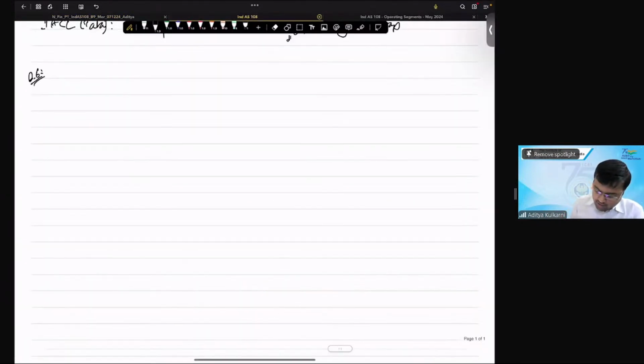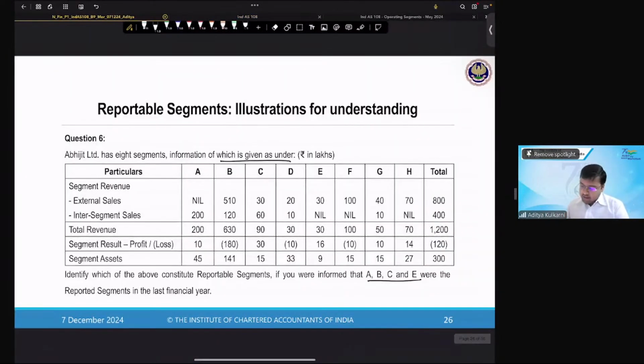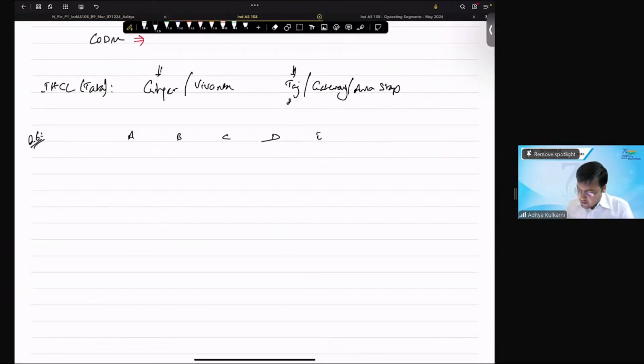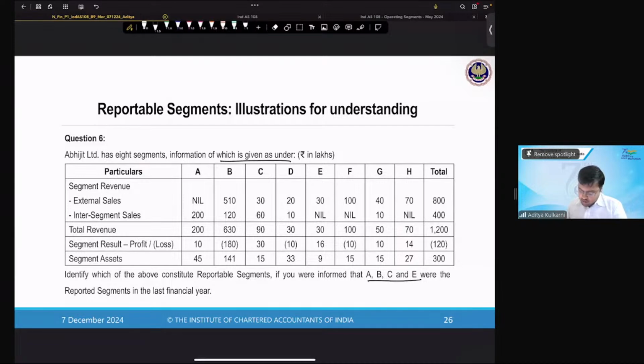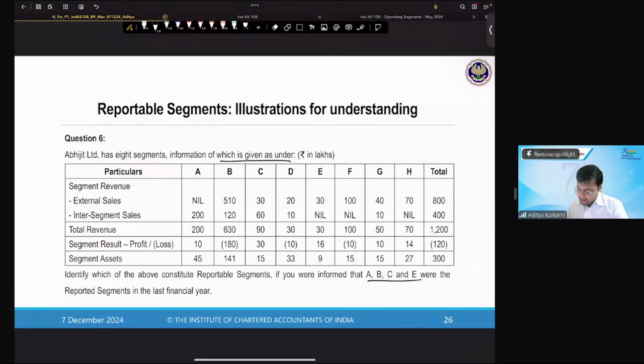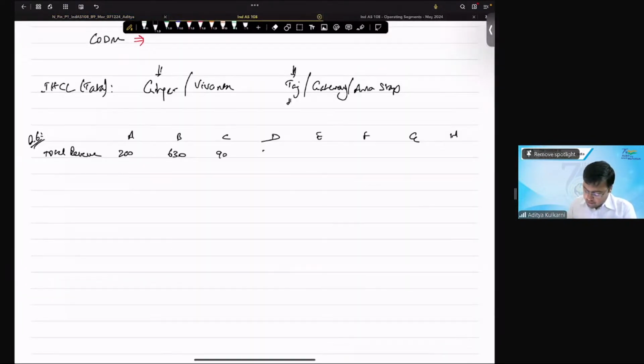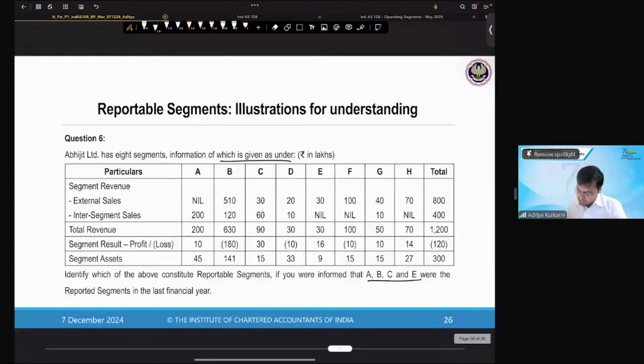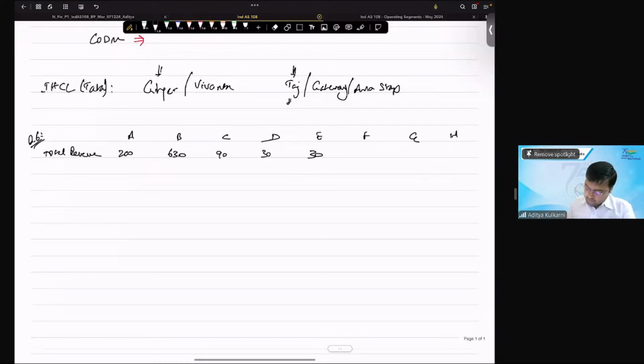So we write down A, B, C, D, E, F, G, H. So total revenue is how much? 200, 630, 90, 30, 30, 150, 70.